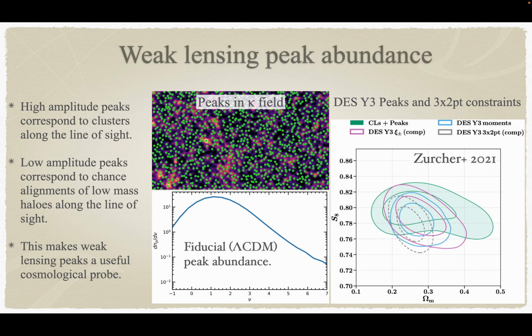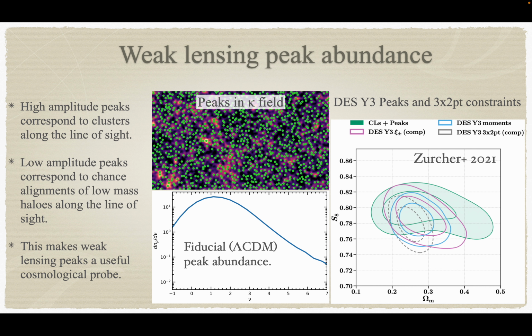On the bottom left here I have a fiducial simulated lambda CDM peak abundance, which is one of the statistics we're interested in, which tells us how many peaks we have as a function of their peak amplitude, nu, where nu is a rescaled definition of the convergence, essentially a signal to noise quantity.